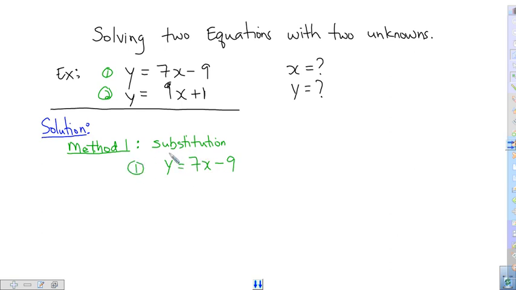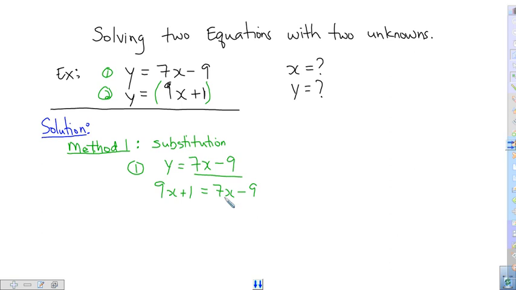Now what I'm going to do is take equation number 2 and substitute. So if all of this, 9x plus 1, is equal to y, then that means that this can be substituted for y in this equation. So I'm going to say this is going to be 9x plus 1 equals 7x minus 9.